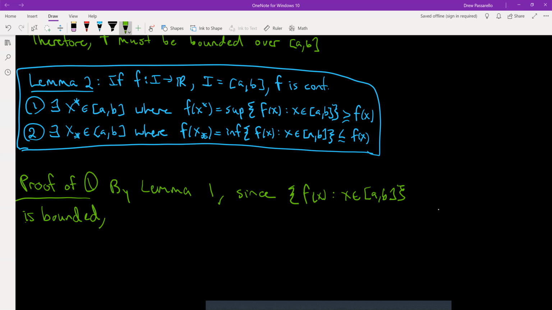Since it's bounded, we know the real numbers have the least upper bound property, so the supremum of this set must exist, due to completeness of the reals.